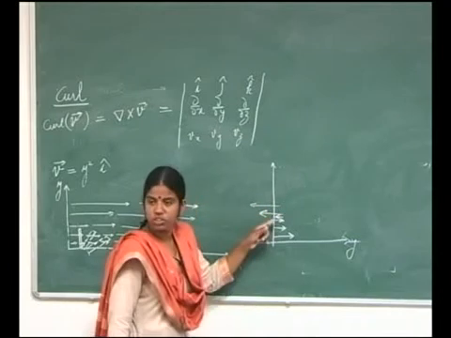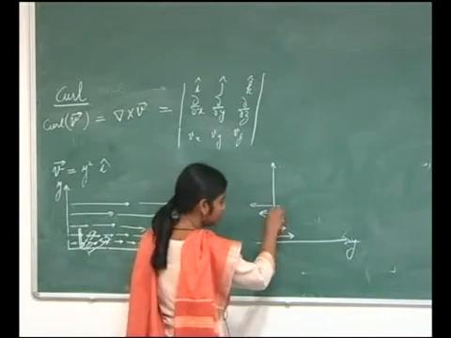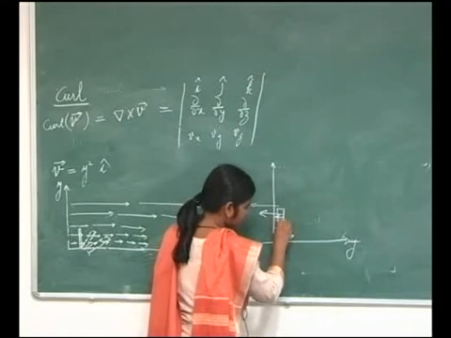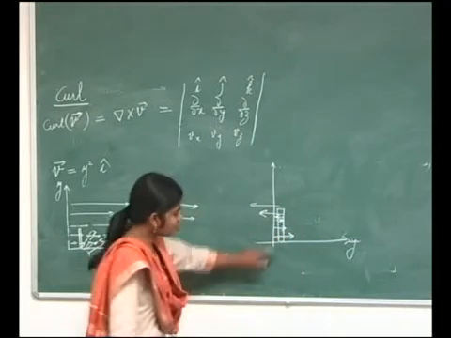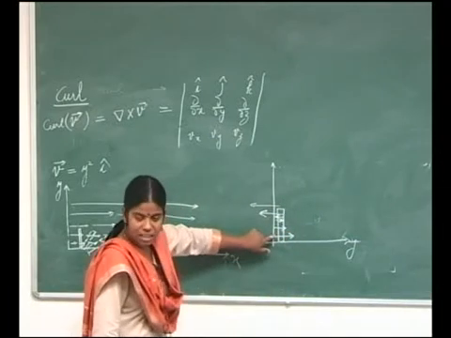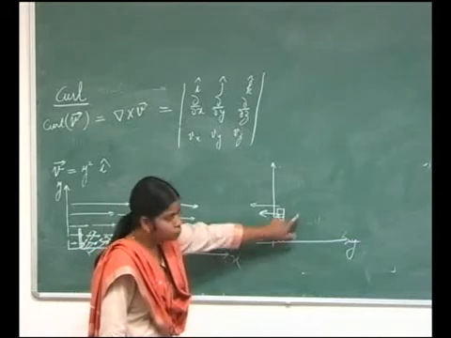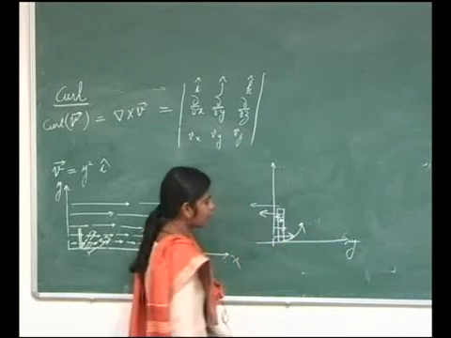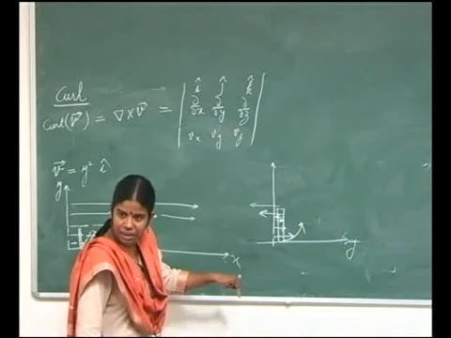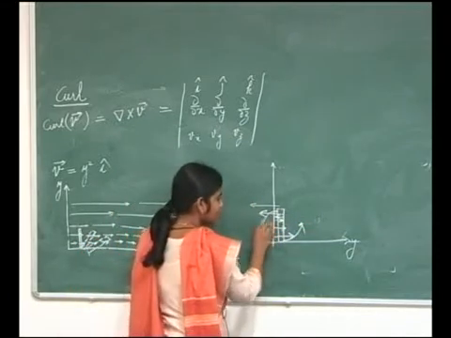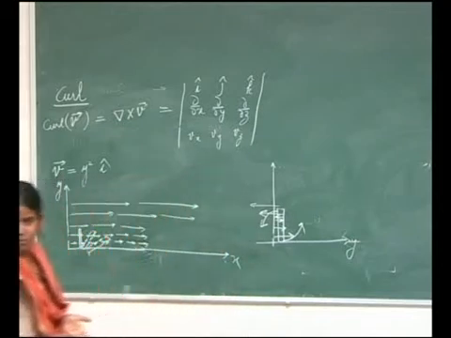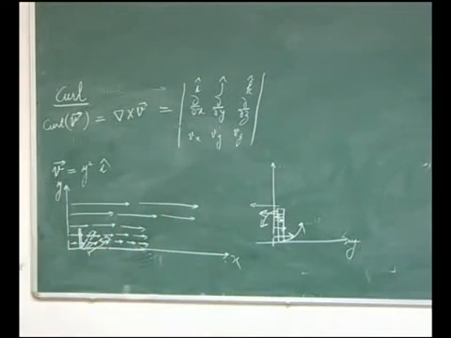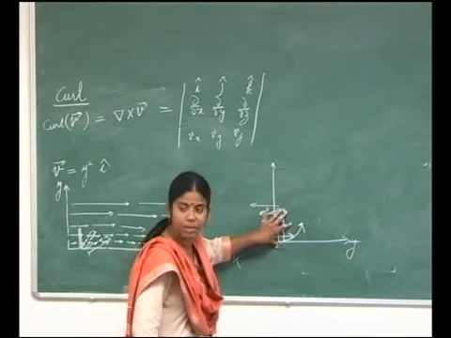Now if I put a twig here, you will see that this vector will push this twig towards this direction. Okay. So the direction is like this, but this twig will push it like this. So a whirlpool will be formed. There is a net torque, you can clearly see. So a whirlpool will be here.